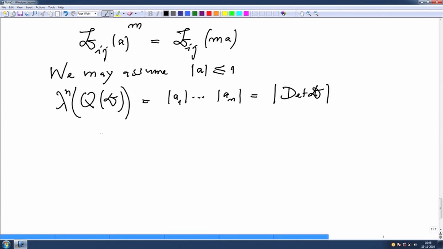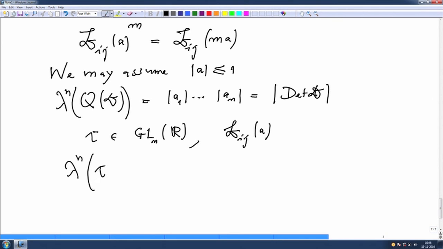So, I only have to prove that if C is a matrix in GLn and I have an elementary matrix Bij(a), then the volume of C times Bij(a) equals the volume of C. I have to prove only this equality, and now only i and j are involved.